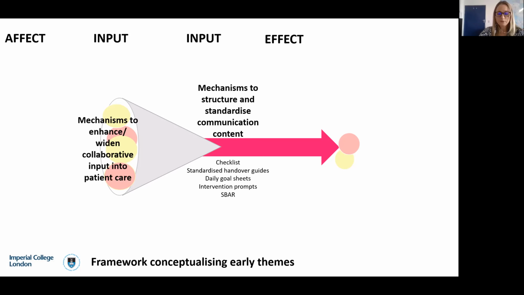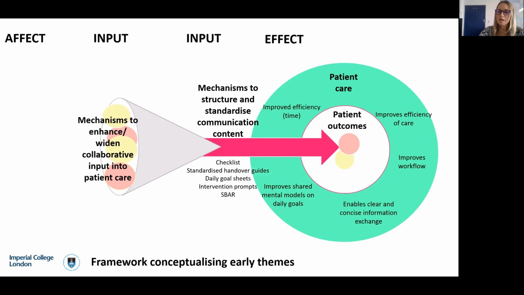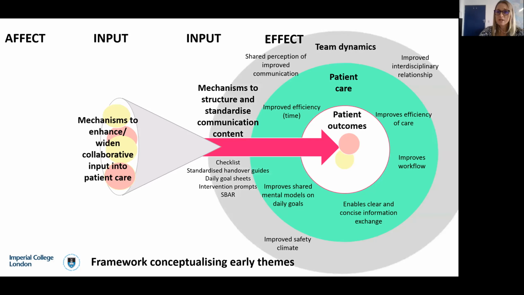Secondly, the literature indicates that there have been mechanisms to enhance and widen collaboration and input into patient care. But the analysis shows that there's only a small direct effect on patient outcomes measurable. I mean, we know that there are so many other confounding factors, but it does impact on patient care, looking specifically into those themes. And lastly, it affects team dynamics.